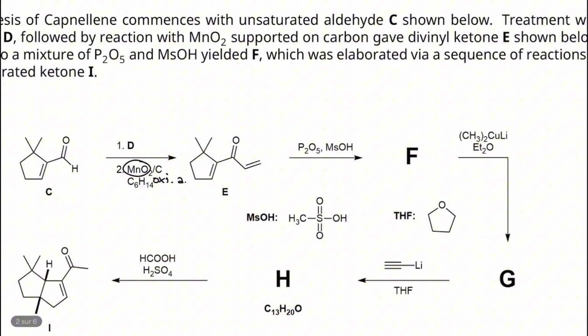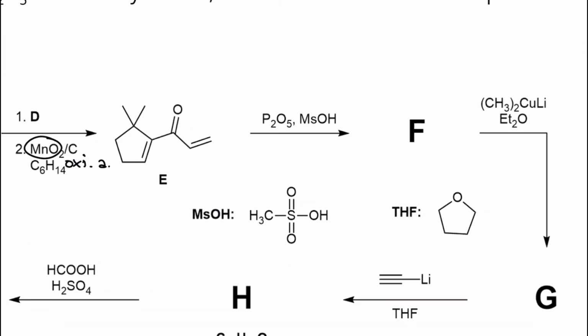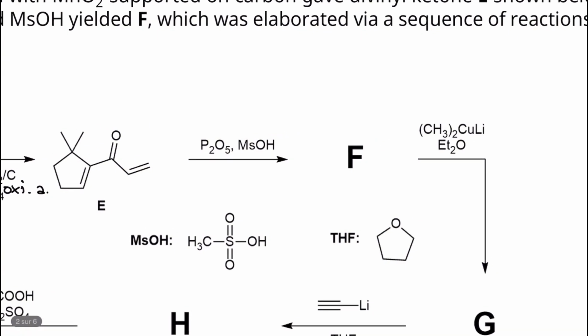8.5. Okay, just draw. Give the stereochemistry. Let's see. From E to F, P2O5 is treated in acidic conditions. This is a dehydrating reagent, so it's going to be a Nazarov, right? It's going to be a Nazarov. So we're just going to draw the Nazarov product.